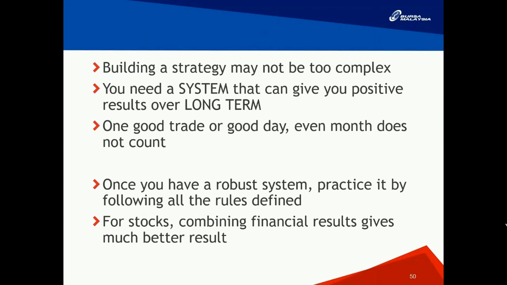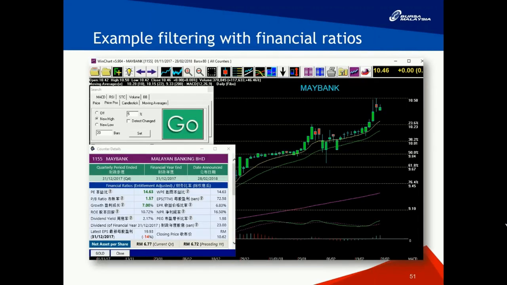And for stocks, you have one additional advantage: you can combine the financial results to give you much better trading returns. In this case, I'm combining with the P/E ratio, the price to book, the growth, and the earnings per share, to give a very simple result.